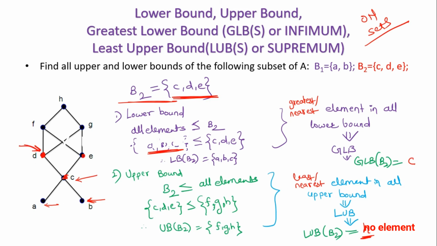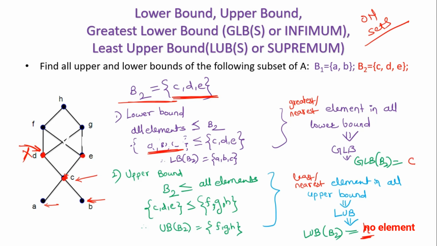Then I should have a path going from all of these vertices and reaching that vertex. From C I have a path going and meeting D. From D to D there exists a path. But from E I cannot go and meet D while traveling only in the upward direction. For meeting D I would have to take the downward direction. So this is not my upper bound.